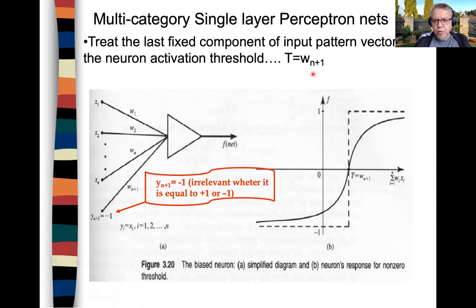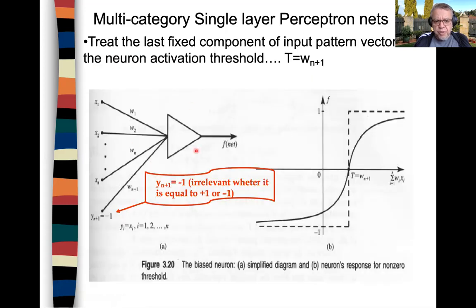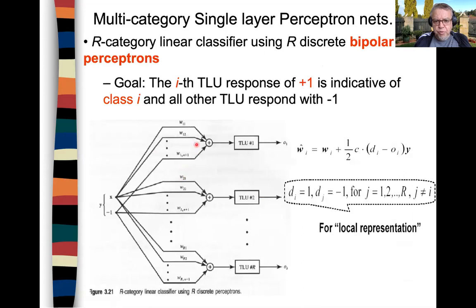So in the case of a multi-category single layer perceptron, we just have one single layer, but we have a collection of these perceptrons. This is the first one, the second one, and the third one. If you have an input pattern x, this is an x vector, so this is x1, x2, x3, and so on.